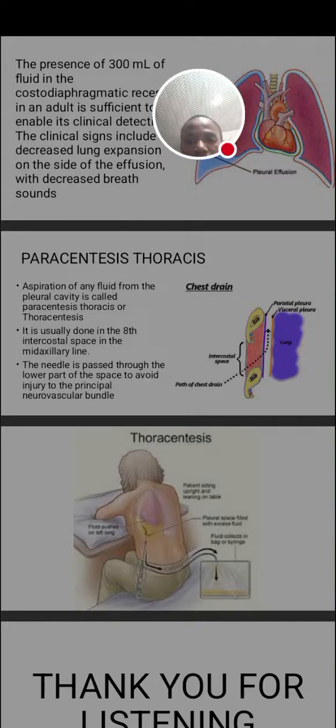Aspiration of any fluid from the pleural cavity is called paracentesis or thoracentesis, usually done in the 8th intercostal space in the mid-axillary line. A needle is passed through the lower part of the space to avoid injury to the principal neurovascular bundle.